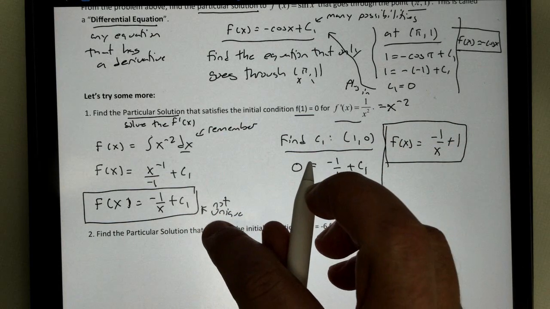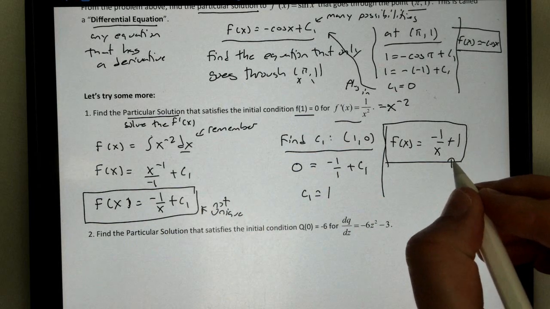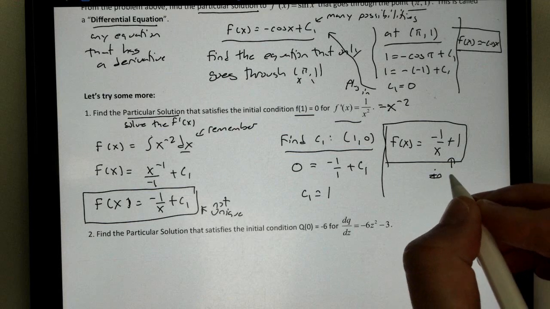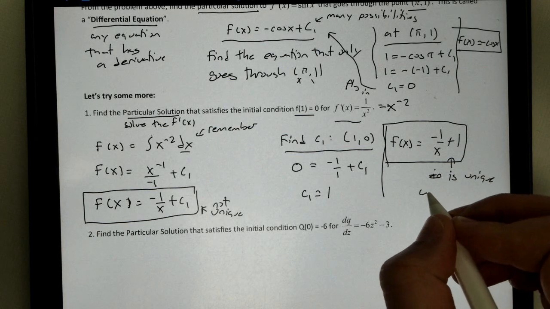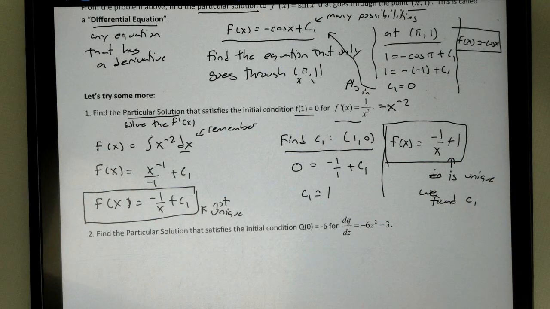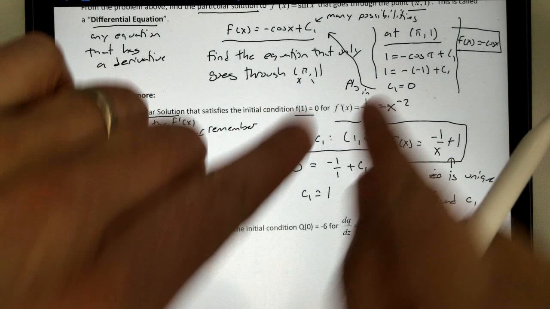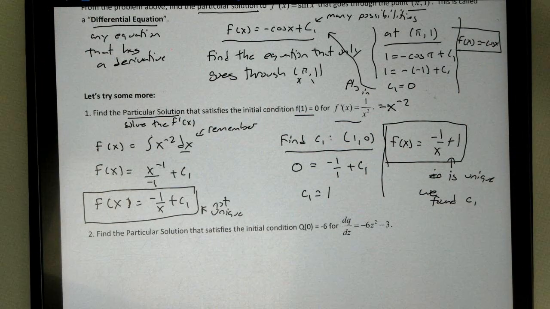Where this was not unique because we don't know what c1 is, this one is unique because we found c1. We know what it is. There's only one that goes through this equation. Now, we're going to talk a lot about this throughout the whole year, so if you're not getting it all yet, just make sure you do the process. This is a very big topic for us that we're going to see throughout the year.